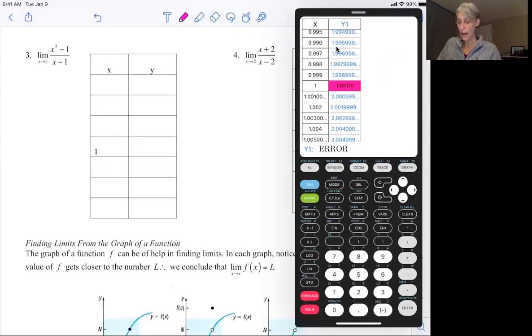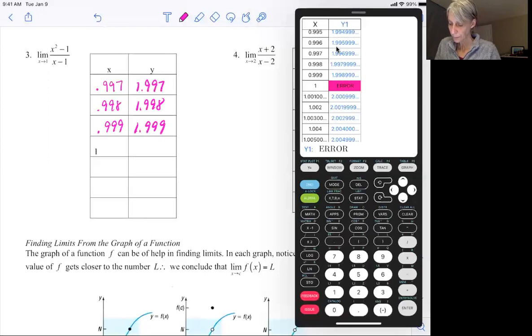So our x values that we're plugging in, 0.997, 0.998, 0.999. When I plug in 0.997, some of you may already know what's going on, and that's great. If you don't, just read your table. 1.003.